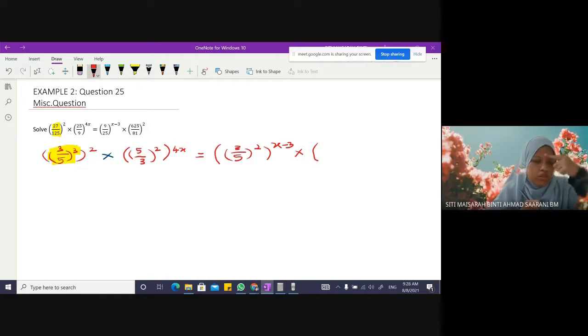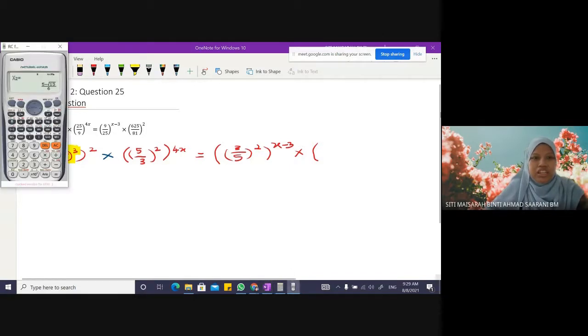How about this one? 625 over 81. We need to check. Actually 81 can be 9 squared, but 625 cannot be anything with power 2.